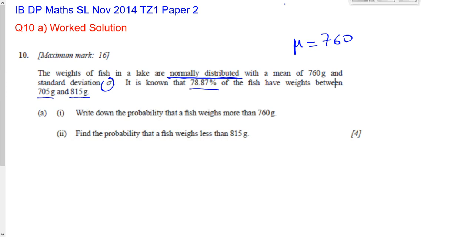The first thing I'm going to do, because I know it's a normal distribution and I have this information, is represent it in a normal distribution diagram. So that's where we're going to draw a bell curve.